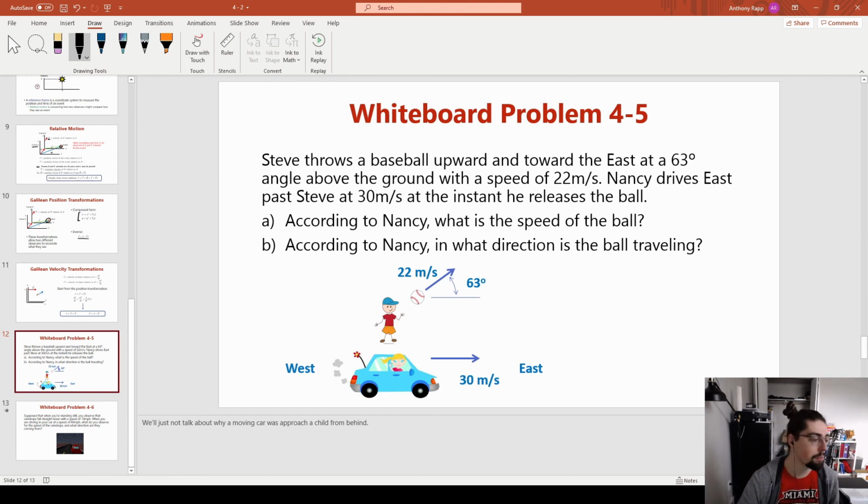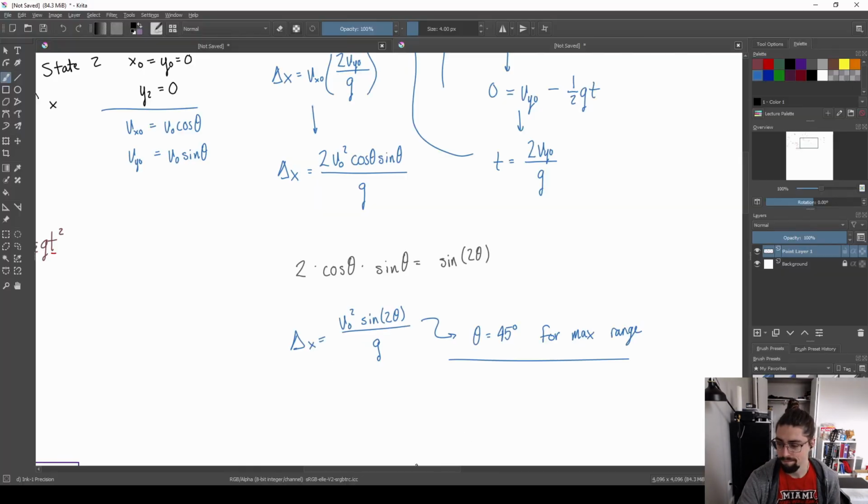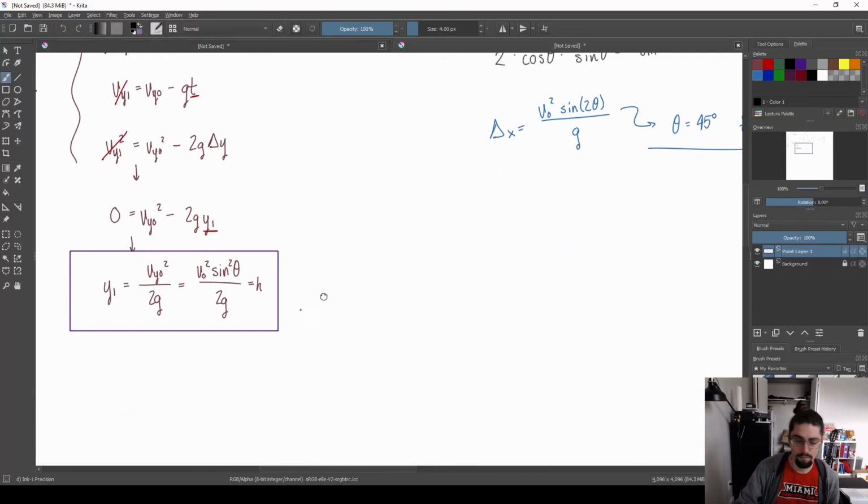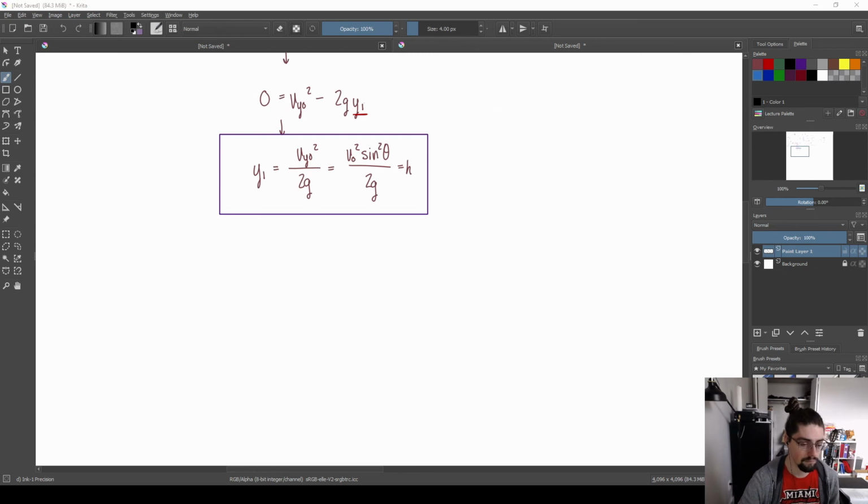So here's what we're going to do. I'm going to try and draw this out, and I'm going to try and describe this thing as we go through it, and hopefully we don't make a huge mess of this thing. Let's just see what happens. The speed of the car was 30 meters per second east.